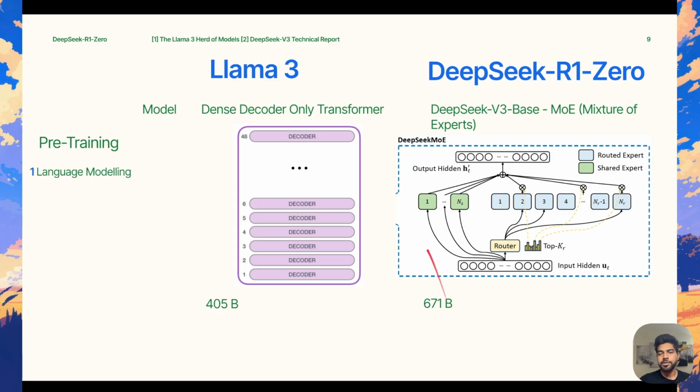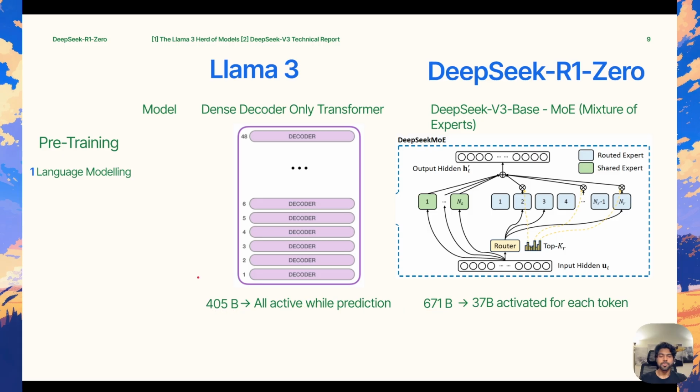But since the architectures are different, in LLaMA 3 at the time of inference, all these 405 billion parameters will be used to predict, whereas in this mixture of experts, only 37 billion parameters will be used for the prediction. So this saves a lot of time at inference, because during inference we are only using 37 billion parameters instead of 405 billion parameters. This was the difference in the overall architecture.